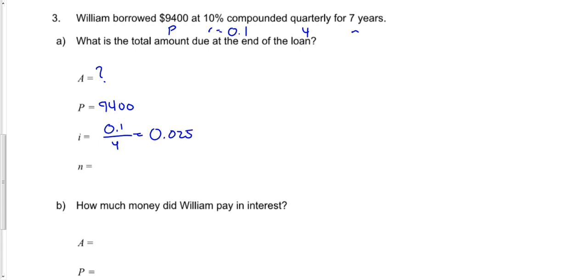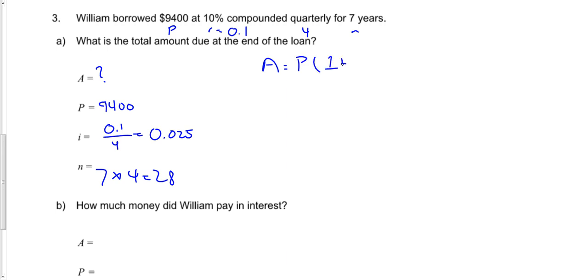0.025. Okay? My N value is going to be the fact that it's in there for 7 years times compounded quarterly for 4 times. So there's 28 compounding periods over the life of the loan. Okay, so if I want to figure out the amount, I got to plug in my formula.